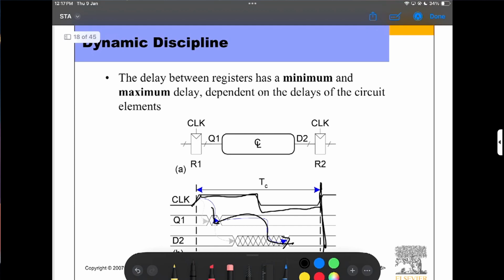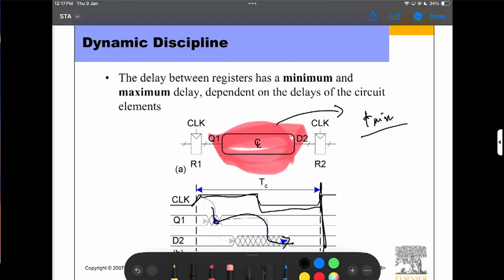Suppose in this position we have this circuit. This circuit also has some delay, so there is a minimum delay t_min and a maximum delay t_max.